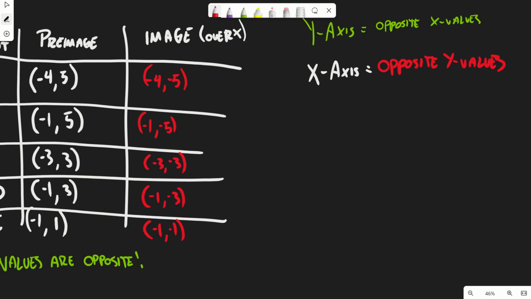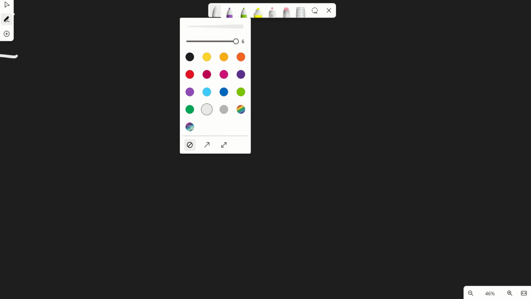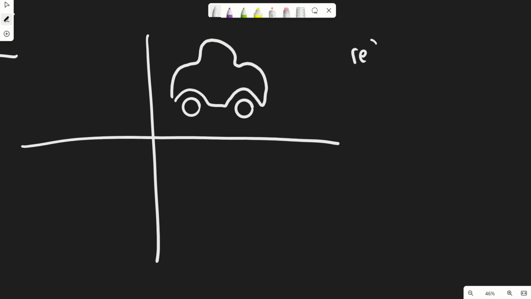If I had a quadrant plane and I drew a shape right here, and I wanted to reflect over x, what quadrant would I be in?